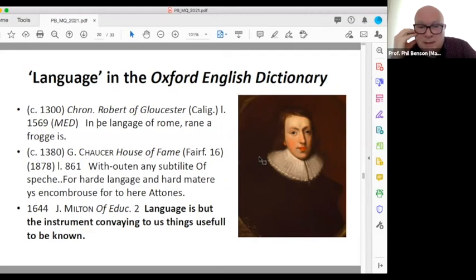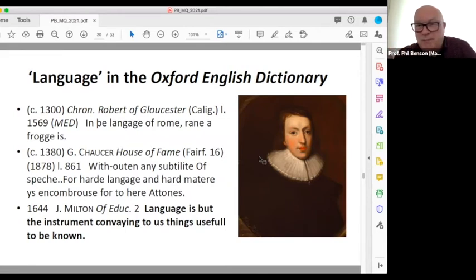That's an interesting quotation, I think, because it's the earliest quotation, at least in the Oxford English Dictionary, that gives us an indication that language is something other than itself. And here he's saying that language is an instrument, a means of conveying information.